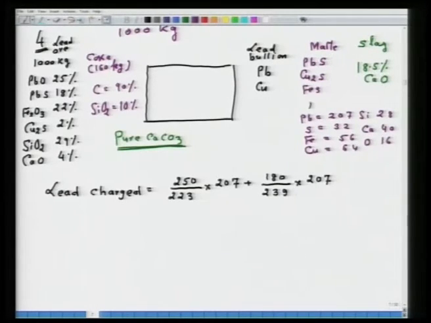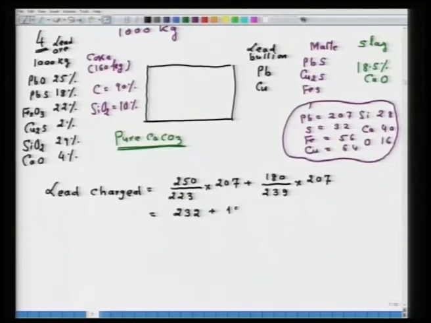These are the atomic weights that I will be using to solve this particular problem. So the amount of lead charged will be equal to 232 plus 156, and that makes 388 kg.